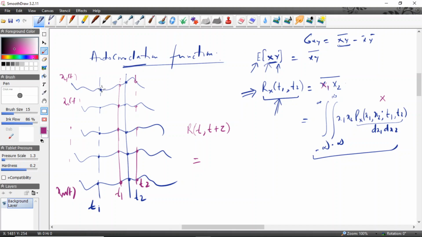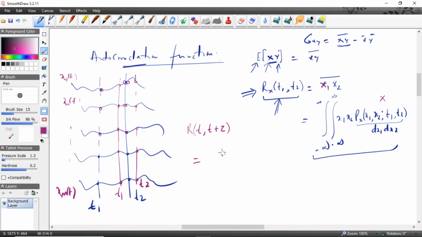So suppose at t1 and t2 I am finding the autocorrelation. This sample is multiplied with this sample, this is multiplied with this, and this is multiplied with this. That gives you the x1 x2 product terms, and then you take the expected value, which is nothing but the average. So multiply the corresponding samples and find their average. That is how you can find the autocorrelation using sample averages.